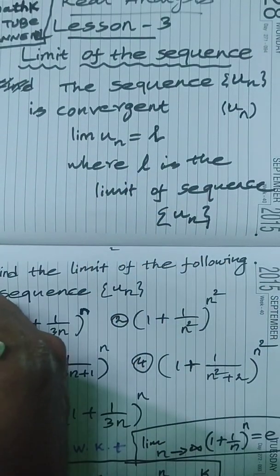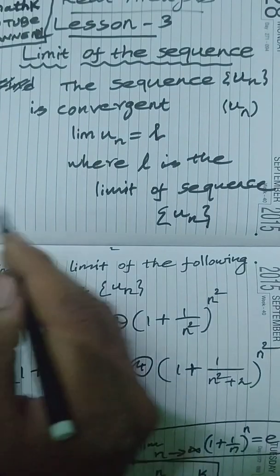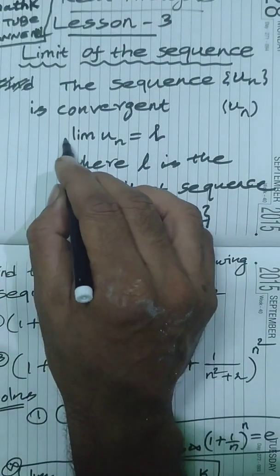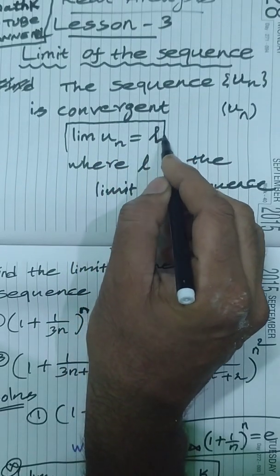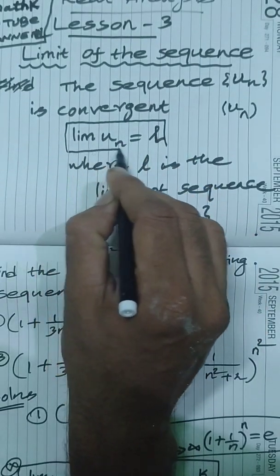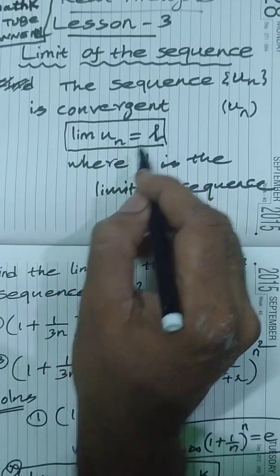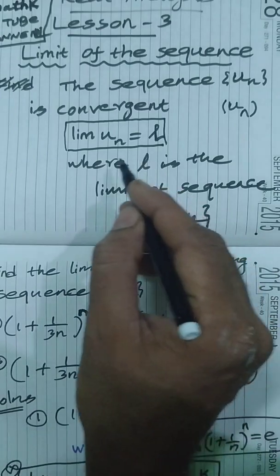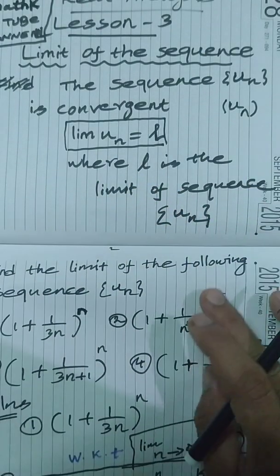The sequence U_n is convergent, it can be written like this. That is, I take the limit of the sequence and we get L, where L is the limit of the given sequence. This is the basic one.